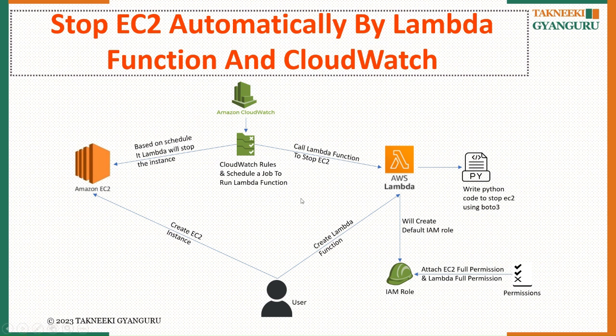We'll select the Lambda service, and then the Lambda function we create needs to be mentioned in this rule. Then we schedule when this Lambda should run. Based on this schedule, it will pick up the code and run at that time, and then the EC2 will be stopped.